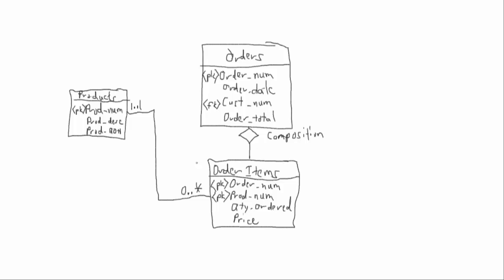I guess one key to remember here is that we have basically turned that many-to-many relationship into 2 one-to-many relationships. So in this case, an order is always going to have at least one order item, one line item, but could have many. Each order item, each individual line item is going to show up on only one order.